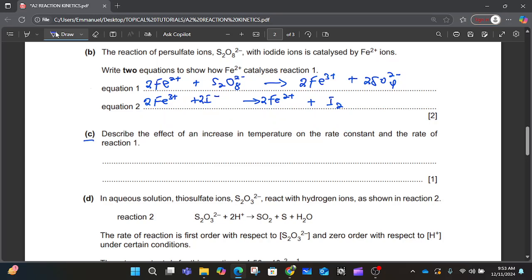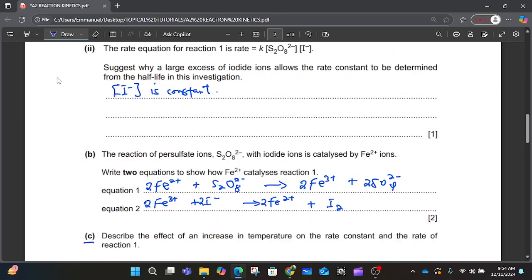C. Describe the effect of an increase in temperature on the rate constant and the rate of reaction 1. We can see that in reaction 1, the rate of reaction is directly proportional to the rate constant K. And we also know that an increase in temperature increases or speeds up the rate of a reaction.